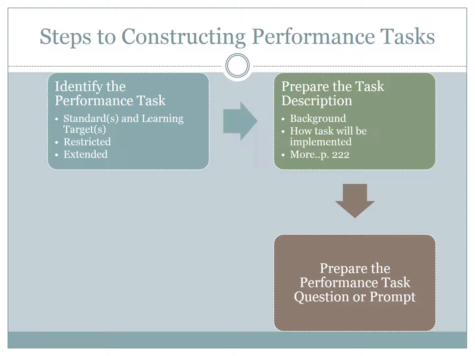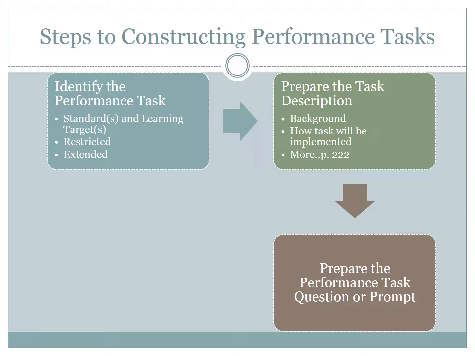And so usually a performance task has more than one learning target because it does tend to be more complex. There are 2 types really of performance tasks. One is restricted and one is extended. The difference in these is just the complexity. A restricted task a student might be able to do in days or hours or even minutes.